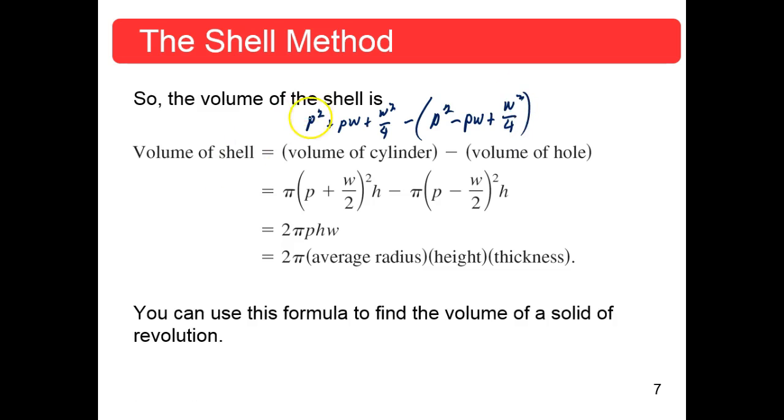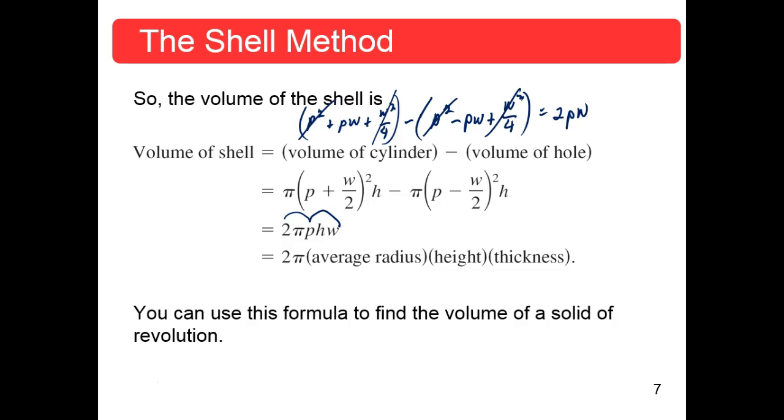If you subtract these things, the P squareds go out, P squared minus P squared is 0. The W squared over 4, this is a plus, there's a minus, they go out, and that leaves you with 2PW, because minus and minus is plus, PW plus PW is 2PW. And that's where you get the 2PW. So sure enough, they did it right.